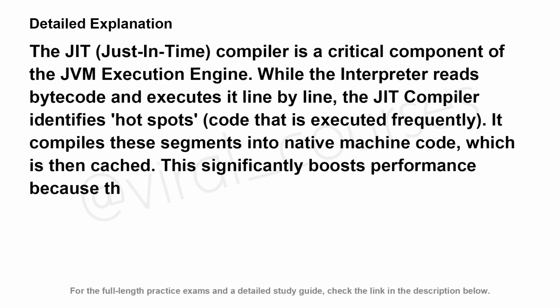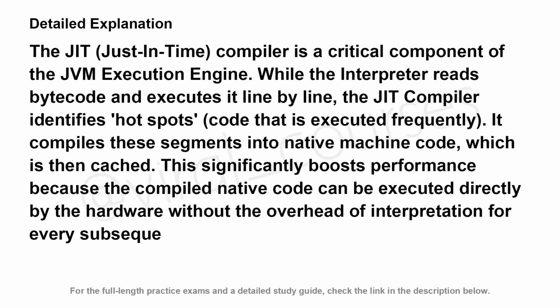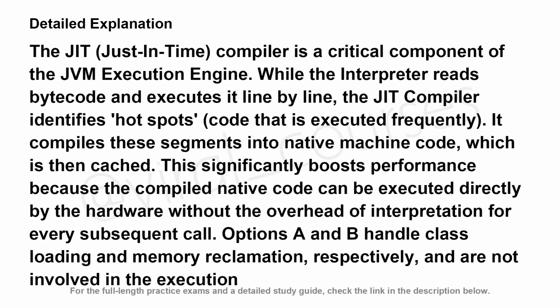This significantly boosts performance because the compiled native code can be executed directly by the hardware without the overhead of interpretation for every subsequent call. Options A and B handle class loading and memory reclamation, respectively, and are not involved in the execution optimization.